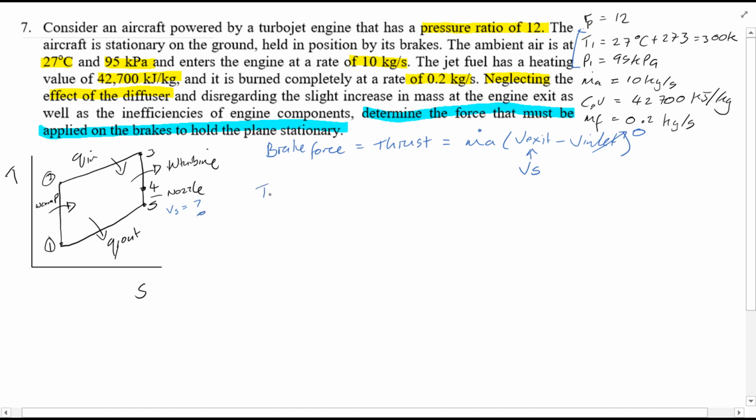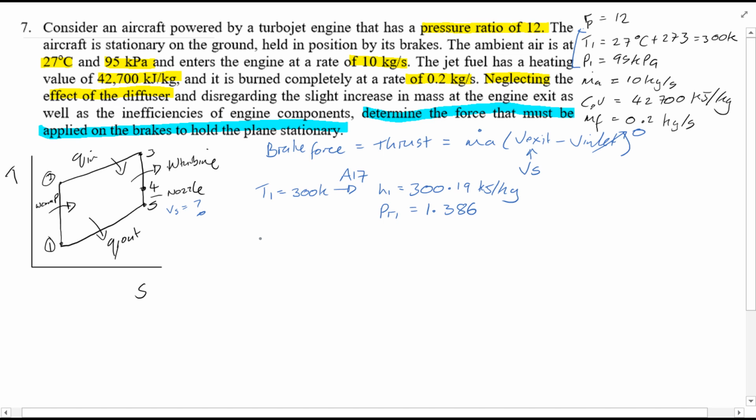Okay, so starting at point 1, T1 was given in degrees centigrade. Converting that to Kelvin will give you 300K, and using table A17 you'll find that H1 is equal to 300.19 kilojoules per kg, and of course PR1 is equal to 1.386.